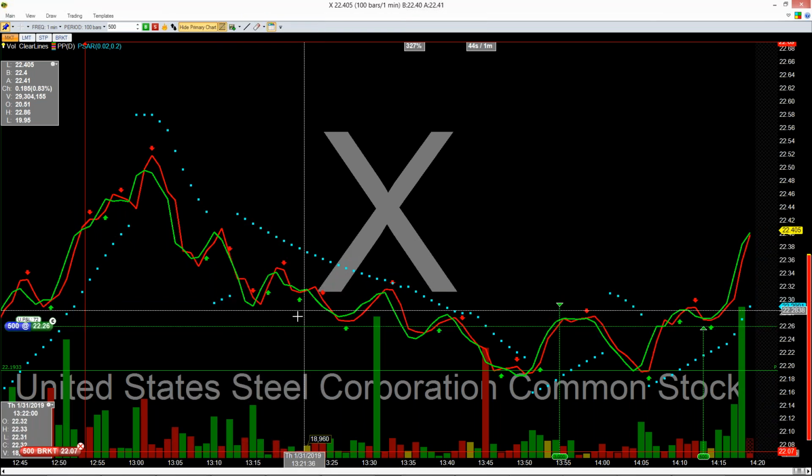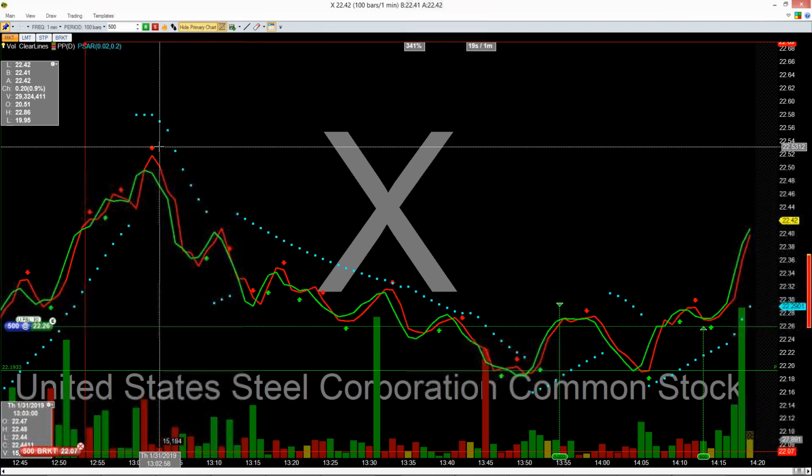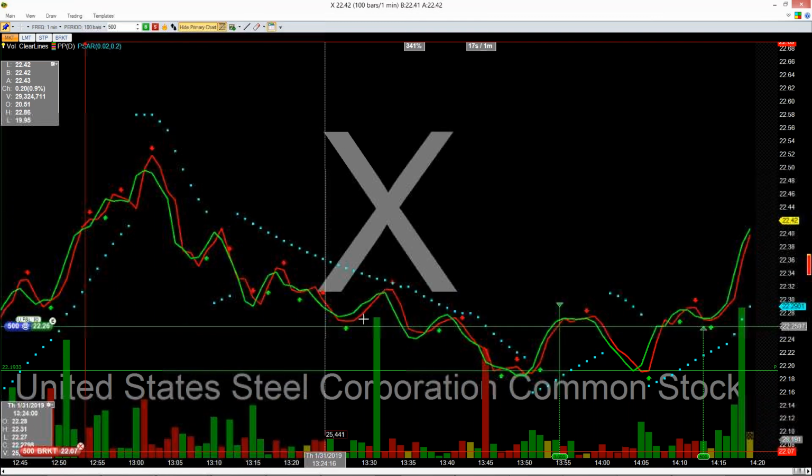Just because a line crosses doesn't always mean it's going to continue. It's measuring or watching trend and momentum. Well, trend and momentum in a choppy market is constantly changing. The lower you go on a time frame, the more chop you're going to see. So especially on a 1-minute, you're going to see a lot of up and down arrows.